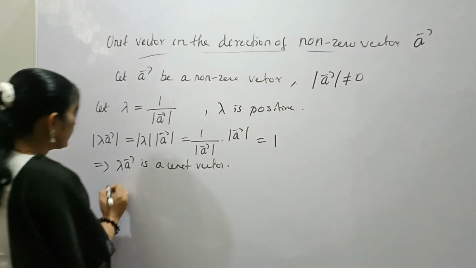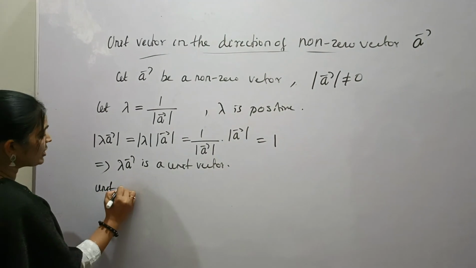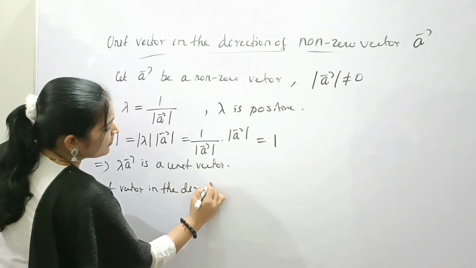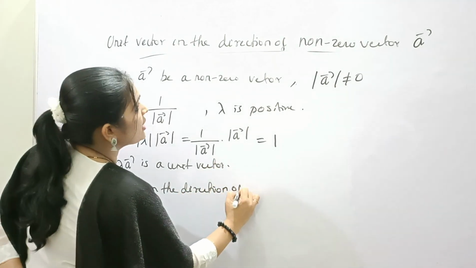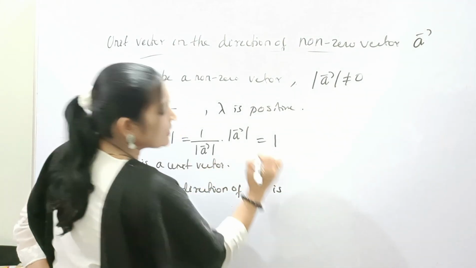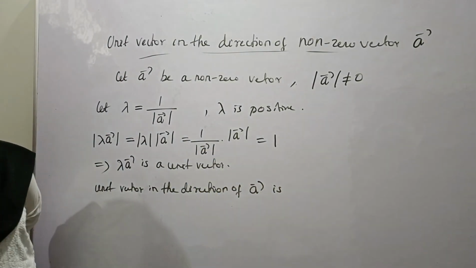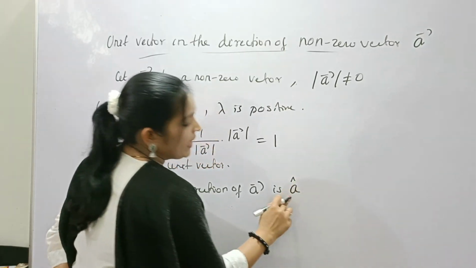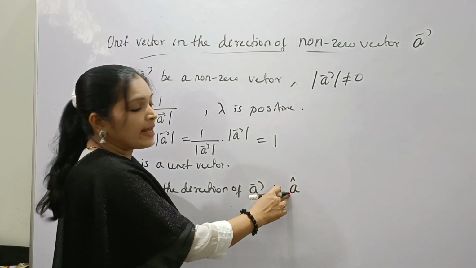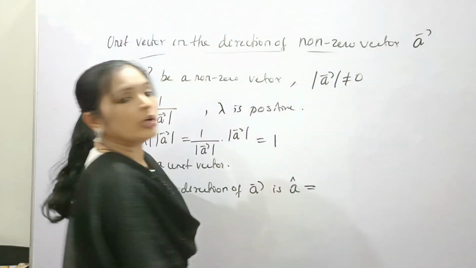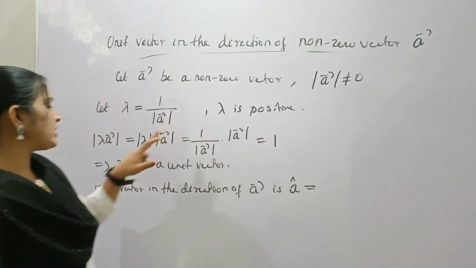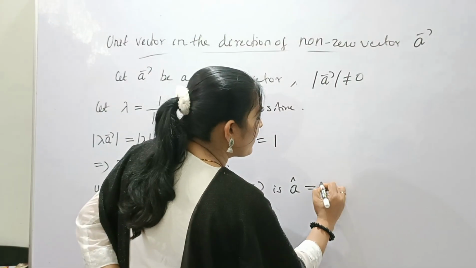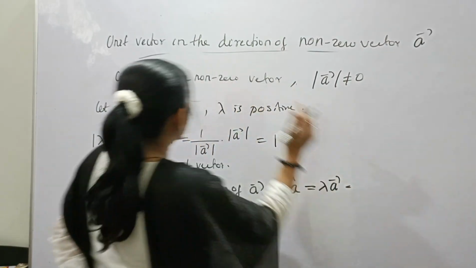Now we can write the unit vector in the direction of vector A. How to denote it? A cap, read as A cap. A cap is equal to our unit vector, lambda into vector A. What is lambda?